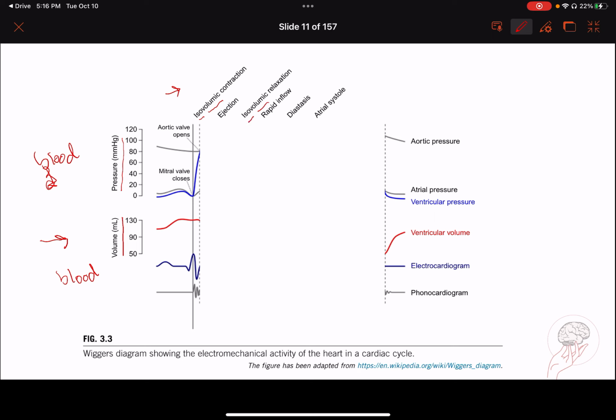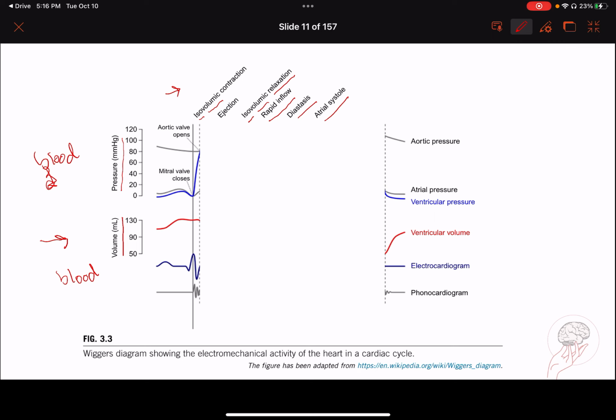Then we have isovolumetric relaxation. So again, same volume, and relaxation, meaning that the muscle is relaxing, this muscle being the heart. We then have rapid inflow, which would be the opposite of ejection, diastasis, and then finally atrial systole. Okay.